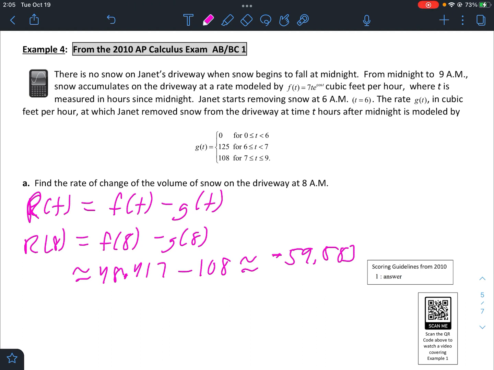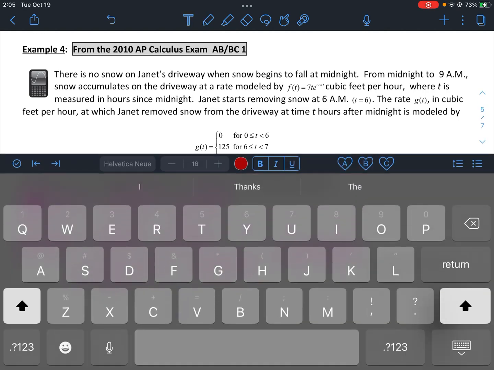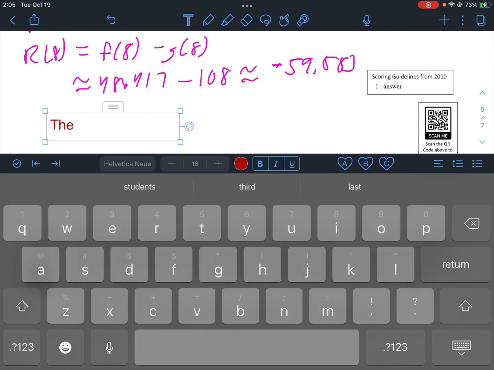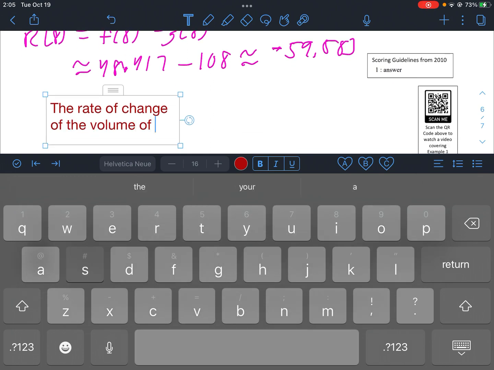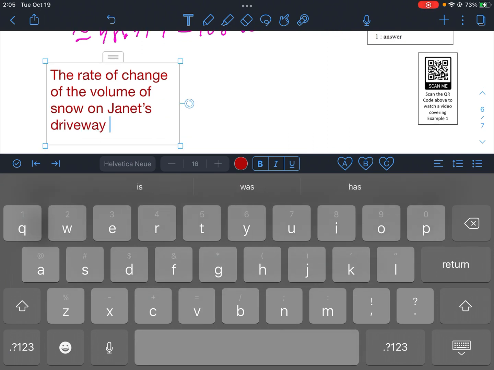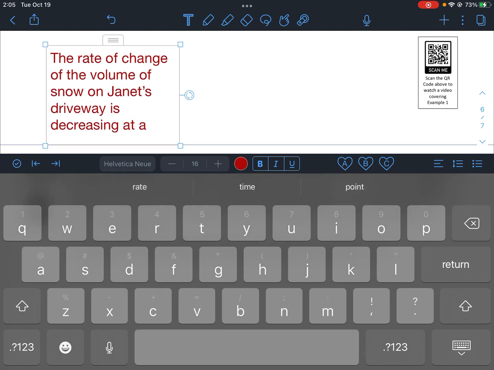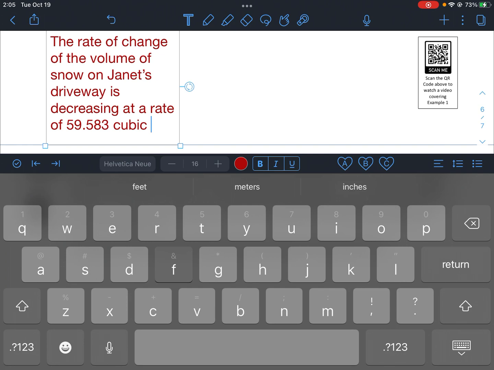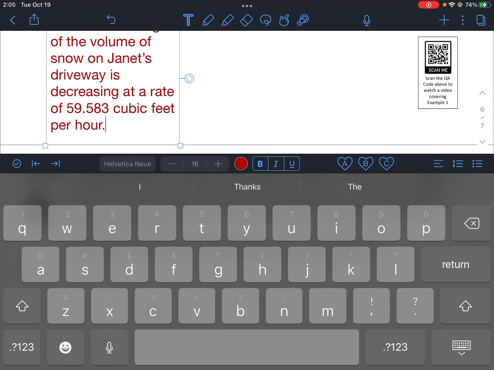So when we write this out, we want to make sure we write this out in sentence form here. And we can say the rate of change of the volume of snow on Janet's driveway is decreasing at a rate of 59.583 cubic feet per hour.